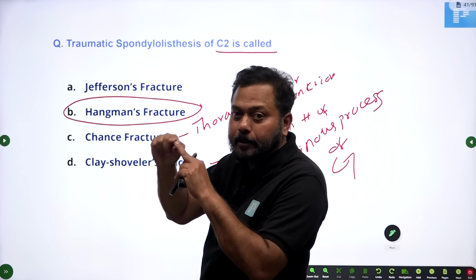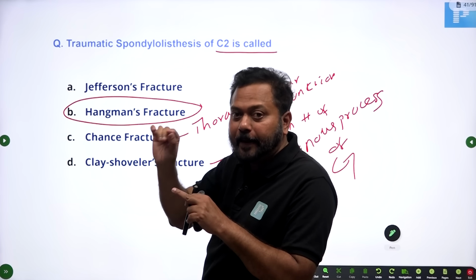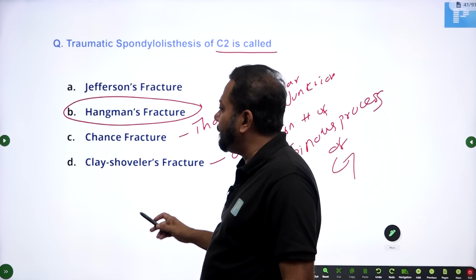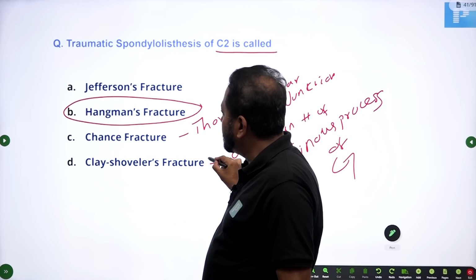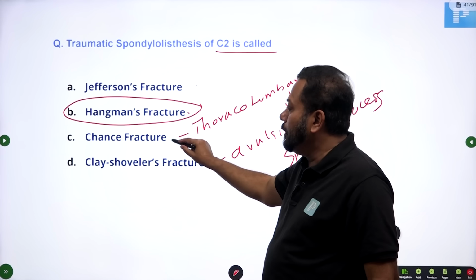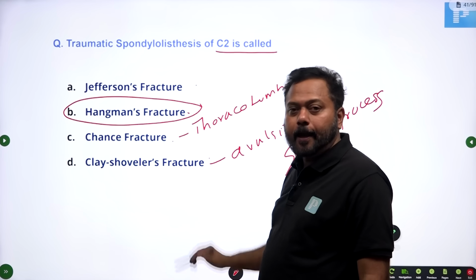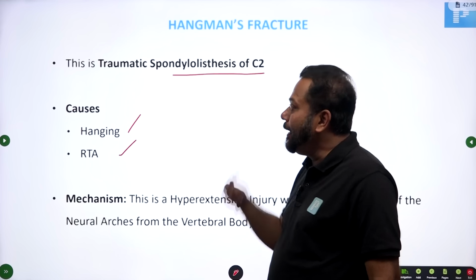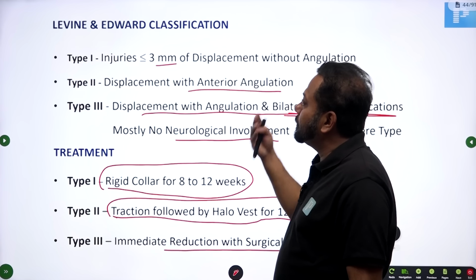When spinous process got avulsed, a fracture happens in spinous process. Again, it's a harmless fracture. Except neck pain, nothing will happen. So, this is a harmless fracture. This type 3 is very harmful. Chance fracture has to be stabilized. Okay. So, these are vertebral fractures. Expected question. Okay. Yes. We will move on to the next question.